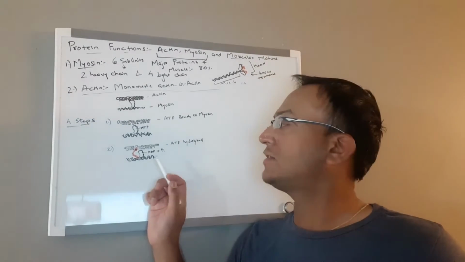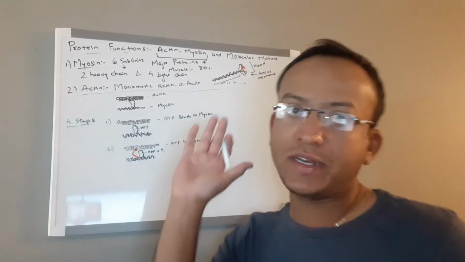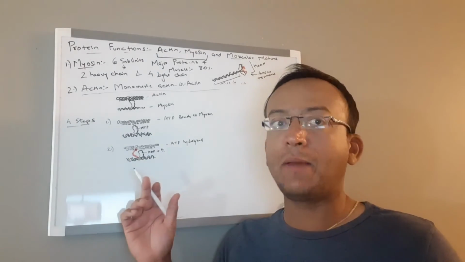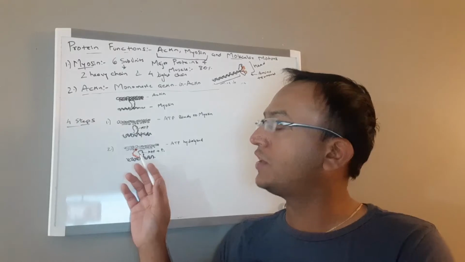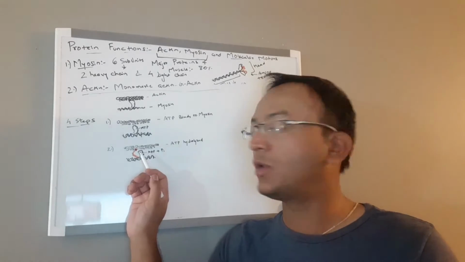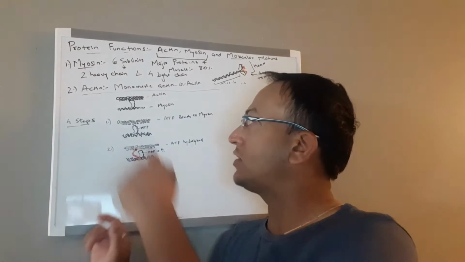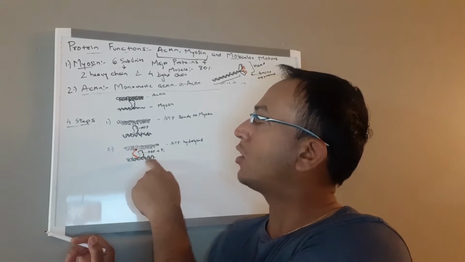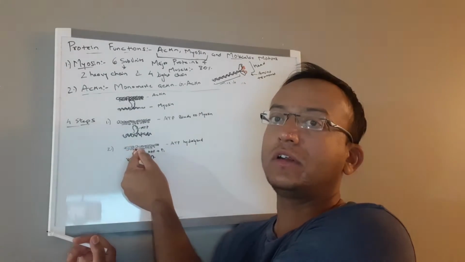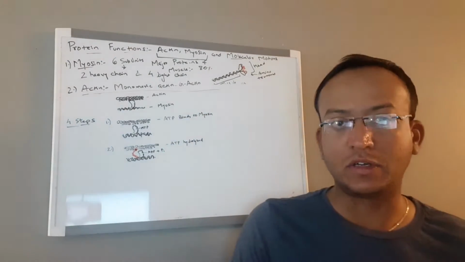ATP is hydrolyzed, that causes a conformational change in the protein to a high energy state that moves the myosin head and changes its orientation to the actin thin filament, right? Because of this, the myosin then binds weakly to the F-actin subunit closer to the Z disc than the one just released. So it was attached on this side, but now it goes further and attaches to another F-actin subunit, but it's a weak bond or weak interaction.